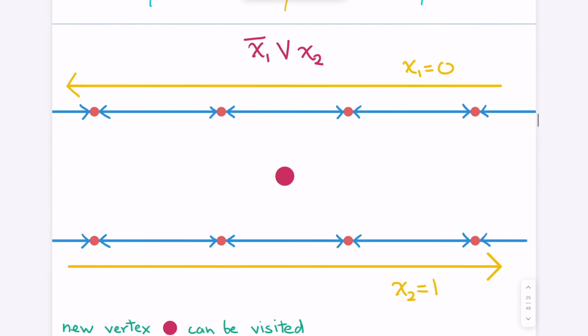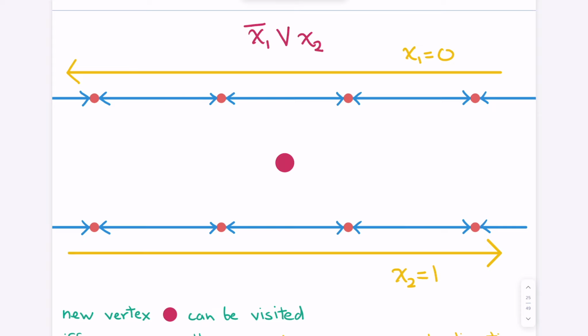So I imagine something like this. There's a new vertex in the middle there, that purpley maroon thing. I haven't drawn the edges yet. We should draw the edges in a way where you should only be able to visit it if you're going the right direction. Oh, I might have flipped the sign somewhere.